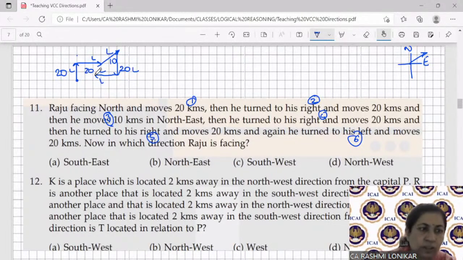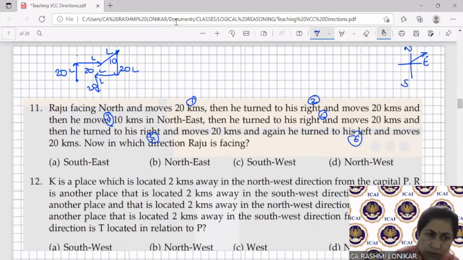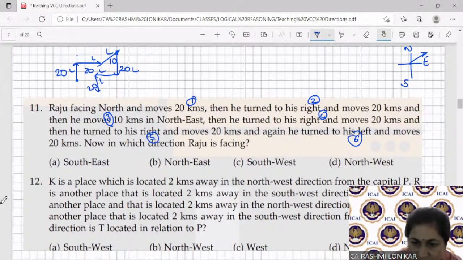Now, which direction is Raju facing? Can you tell me? This is my south. This is my east. So, which will it be? Southeast. Right?